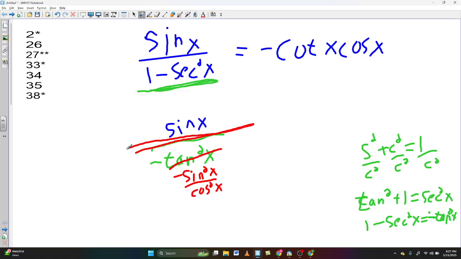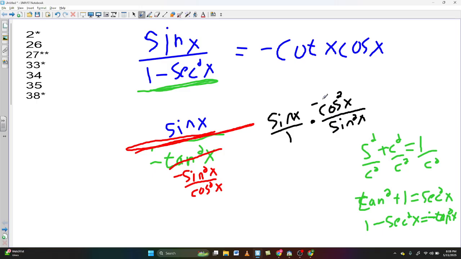Make this a big fraction. We can do sine of x over 1 times cosine of x over, oops, cosine squared of x over sine squared of x.